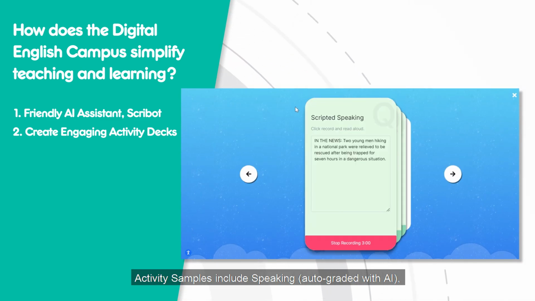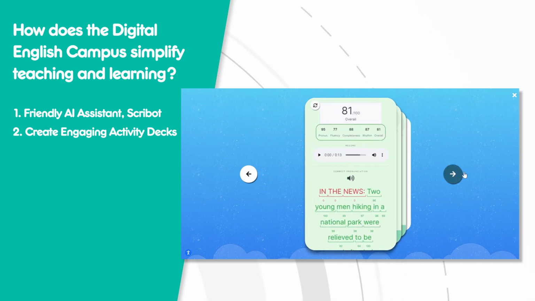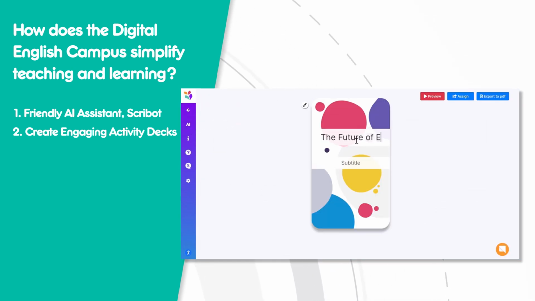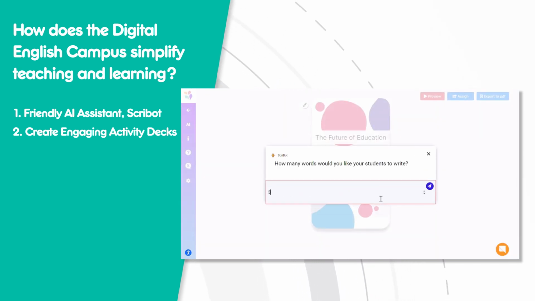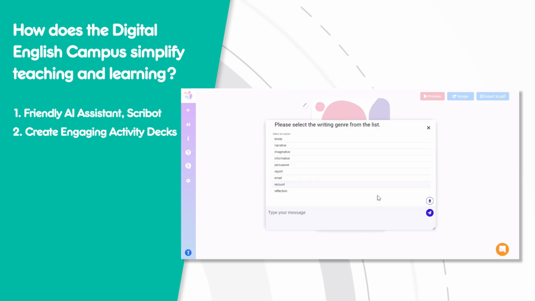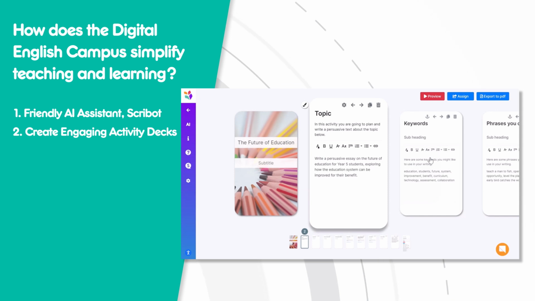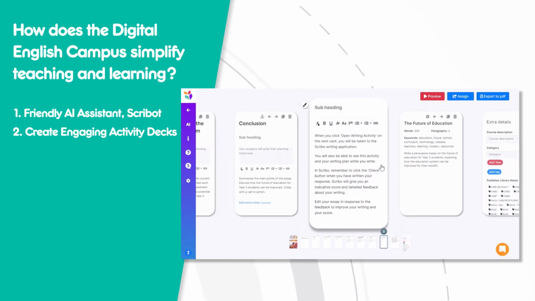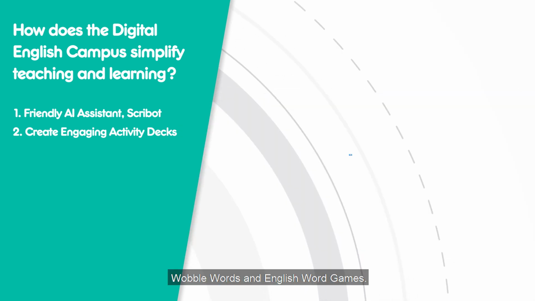Activity samples include speaking, auto-graded with AI, writing scaffolds, YouTube for education and Unsplash images, drawing cards, and Wobble Words in English word games.